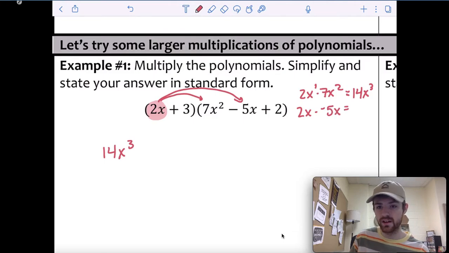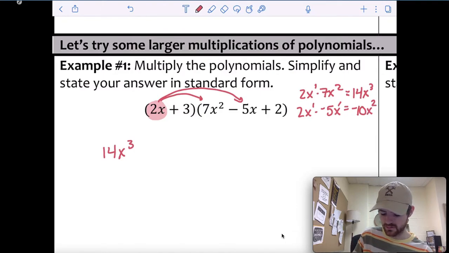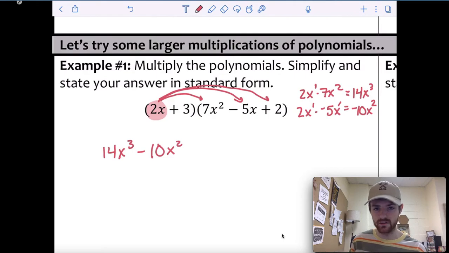We multiply our coefficients. 2 times negative 5 is negative 10. We add our exponents. 1 plus 1 is 2. And we do this last piece as well. What's 2x times 2? Well, we multiply those coefficients. We get 4. There's nothing to multiply our x's by, so we're just left with that x.